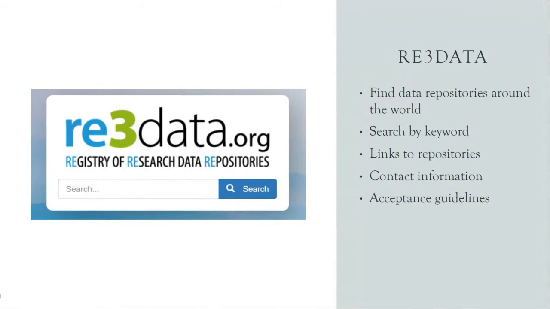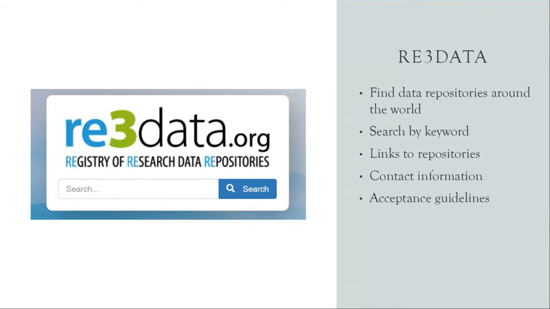On your slide now, you see a little screen cap of something called re3data.org. If you are looking for open data in any discipline, here's a place you can go to try to find some.